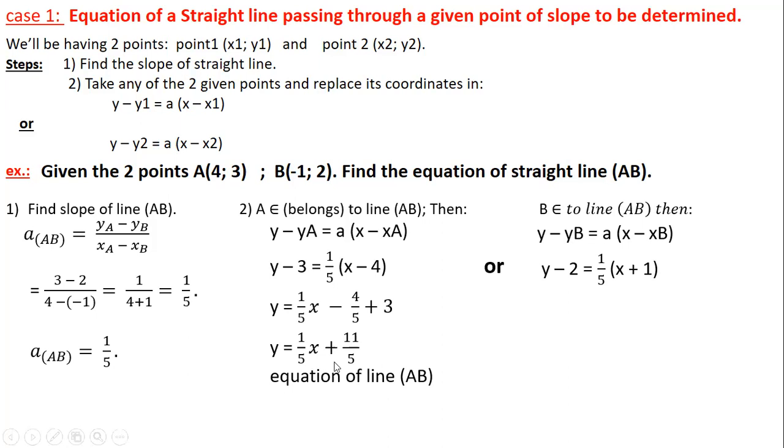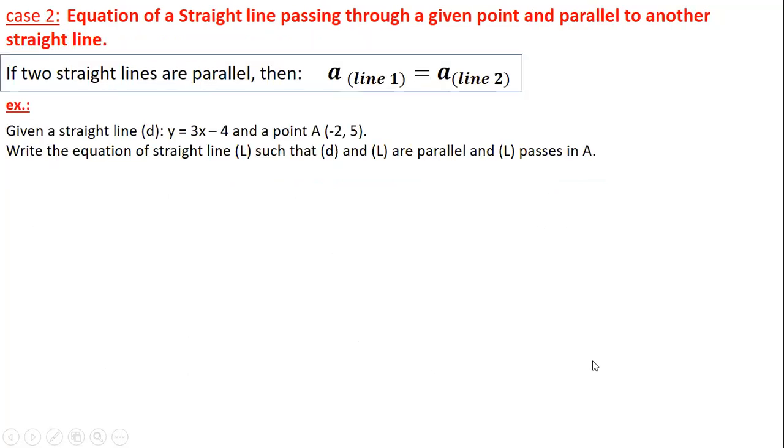Y is equal to, I multiply 1 over 5 by X, it's 1 over 5X. I multiply 1 over 5 by 1, it's 1 over 5. I take minus 2 to the other side, it becomes plus 2. Now, as you can see, in both, I get the same equation of straight line AB. You shouldn't do both. You can choose one of them and write the equation of straight line AB.